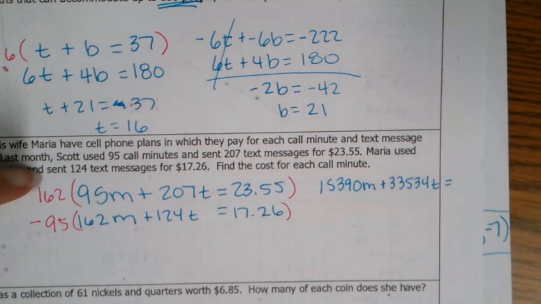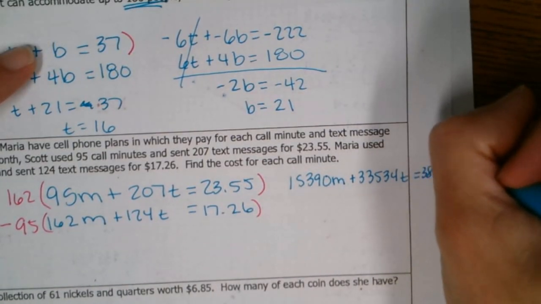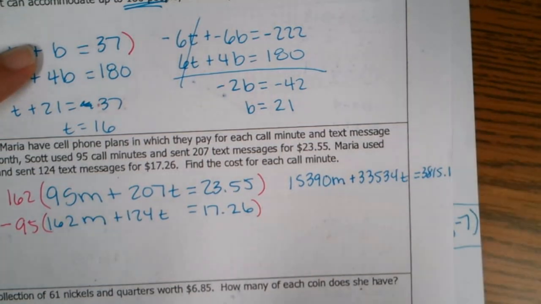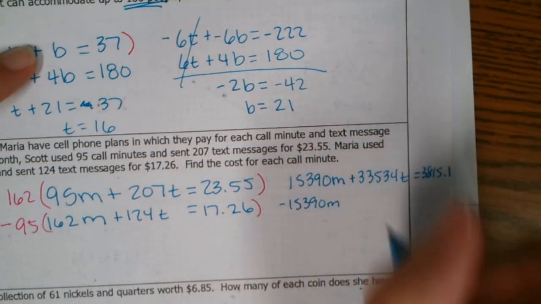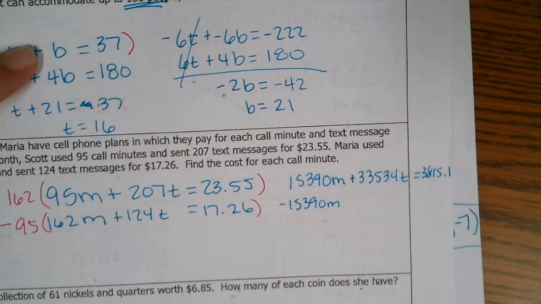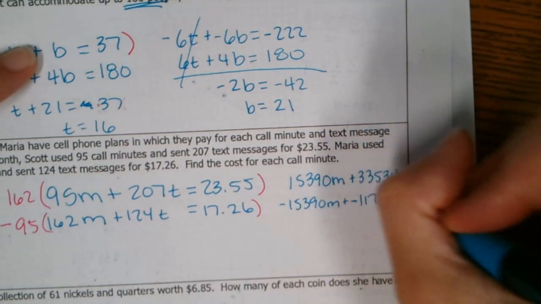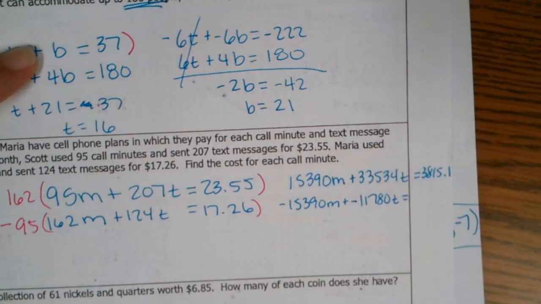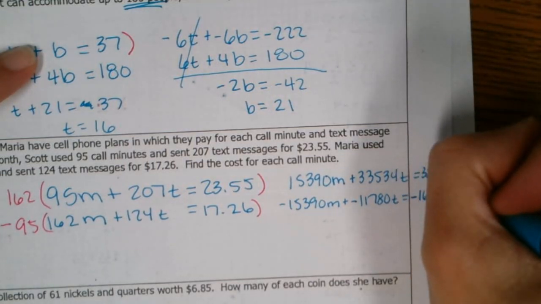I'm running out of space, so I'm going to squeeze this in. 3815.1. And then down here, it's negative. And 1726 times 95, and it's negative.